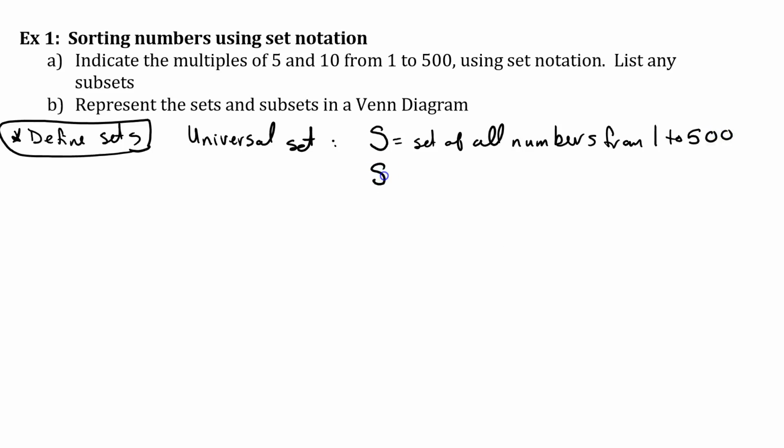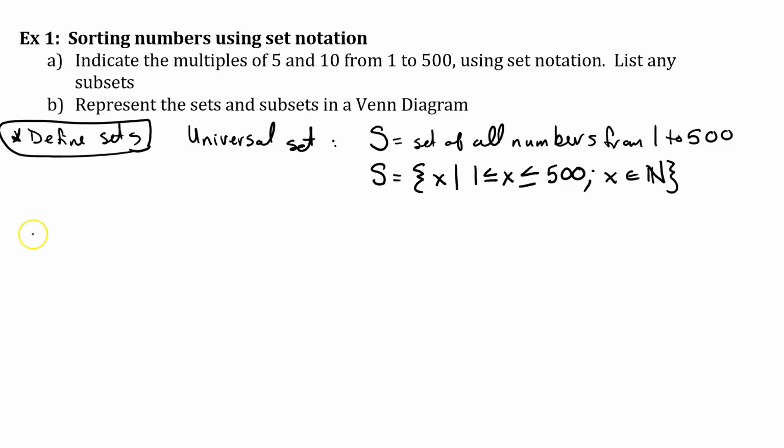If we were to write this in set notation, we would say S equals x such that, that's what this line represents, such that 1 is less than or equal to x, less than or equal to 500, and x is an element of the natural numbers. So that's saying that x belongs from 1 to 500, and we only have natural numbers: 1, 2, 3, 4, 5, 6, etc., all the way up to 500.